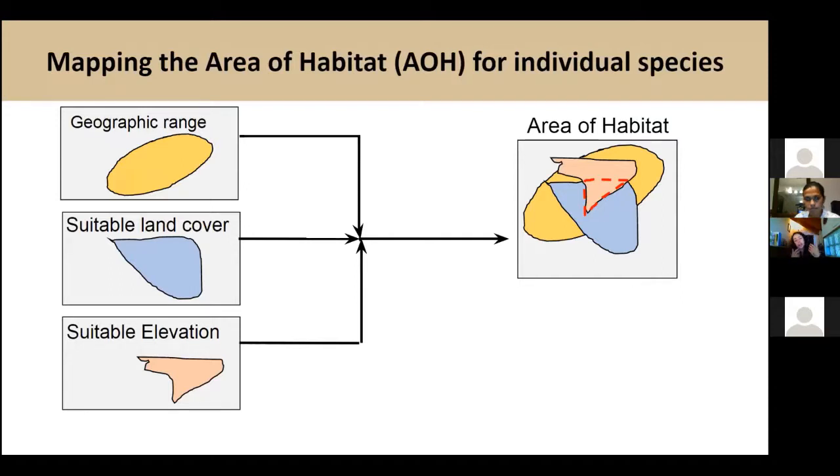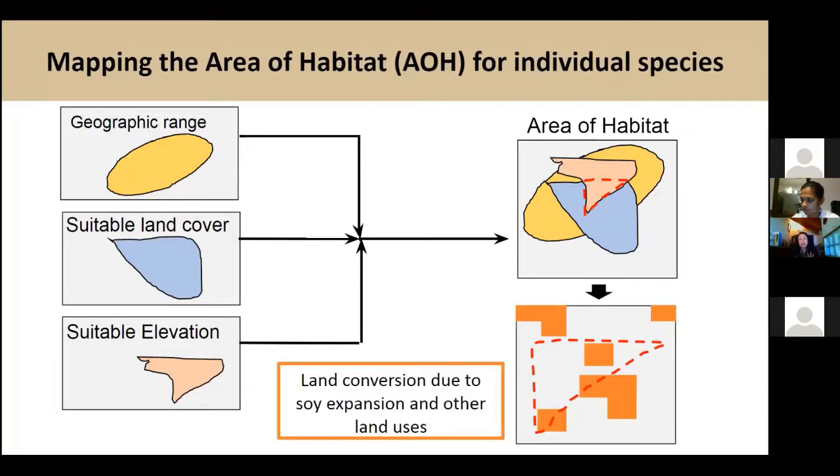So in this case, land cover can tell us about the habitat preference through a harmonization process, suitable elevation, but also you could add any other variable that is available if the information is available for the species. And then by clipping all this information, you come up with a smaller extent that tells us where likely a species takes place.